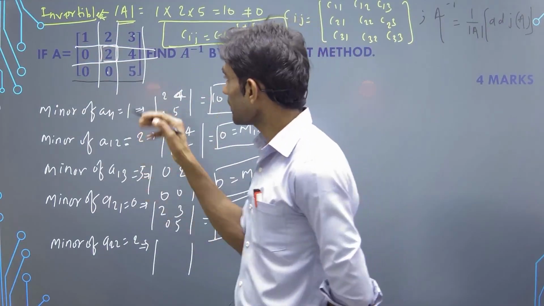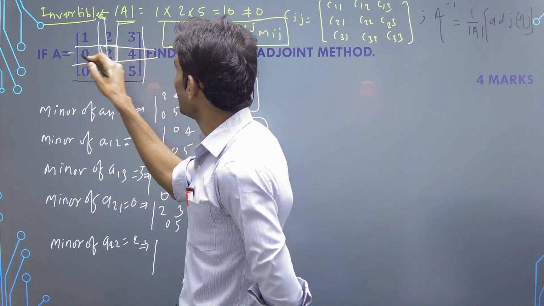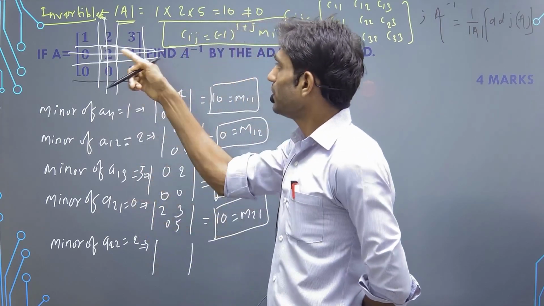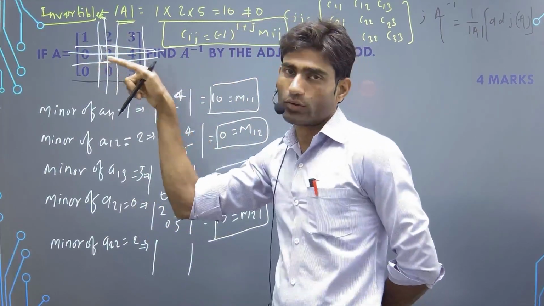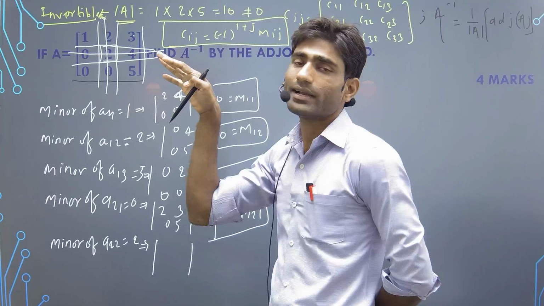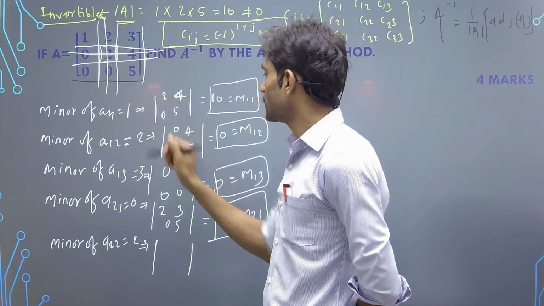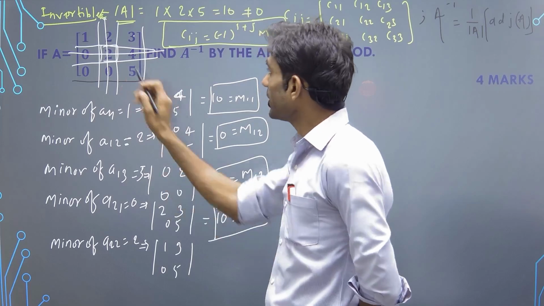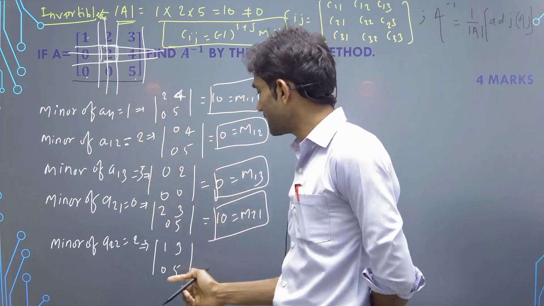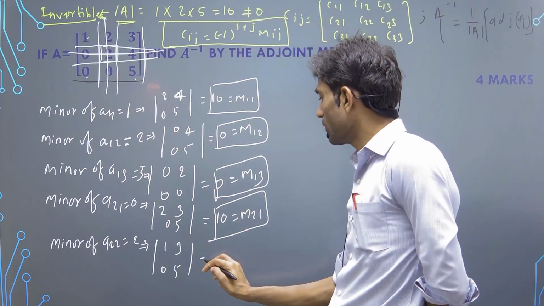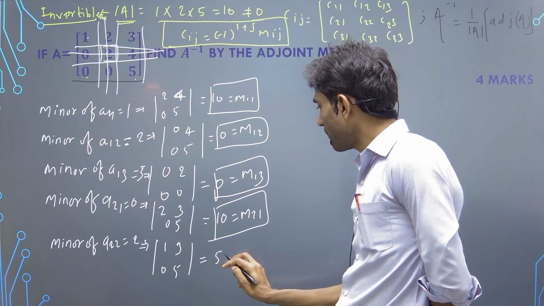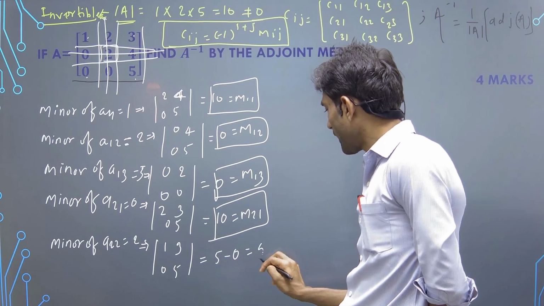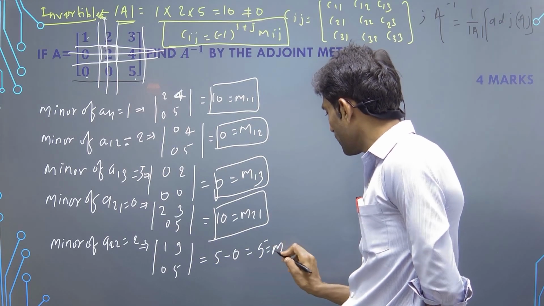Now we delete this row and column. The leftover elements other than the deleted ones are 1 3 0 5. We want the sequence 1 3 0 5 as it is in the determinant. 5 ones are 5, minus 0, we get 5 as the minor of 2 2.